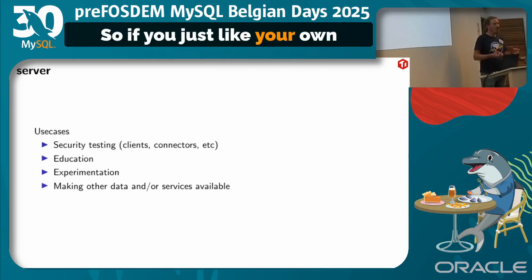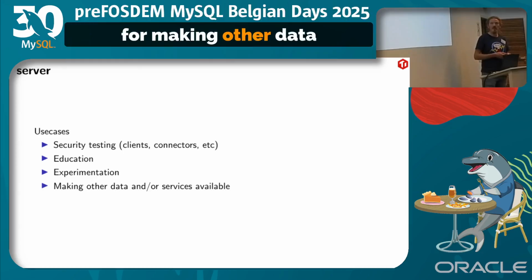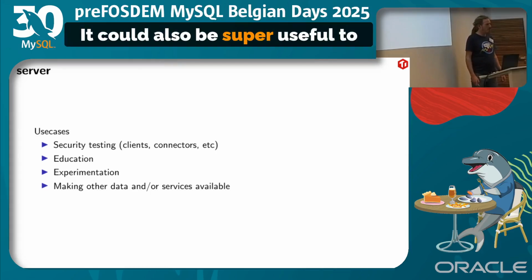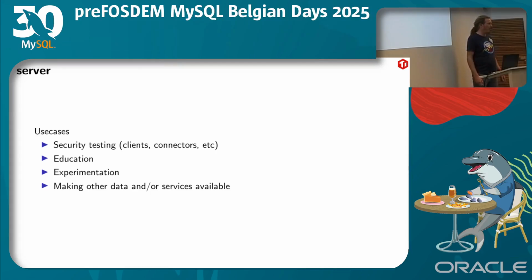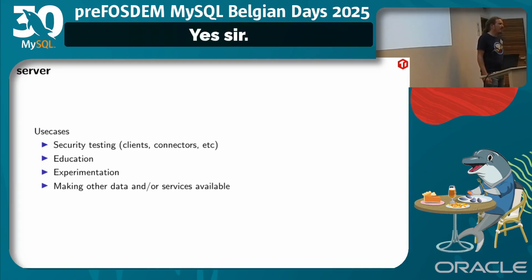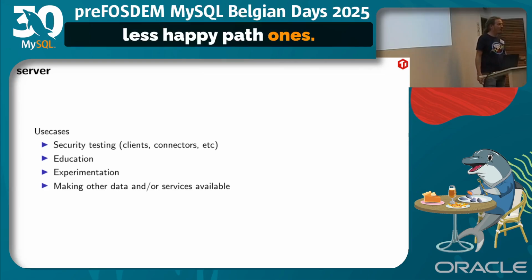So if you have your own hobby database server, and you don't want to implement the network protocol, this works. Some experimentation for making other data available. It could also be super useful in unit tests of an application for simulating. Yes, especially the less happy path ones.